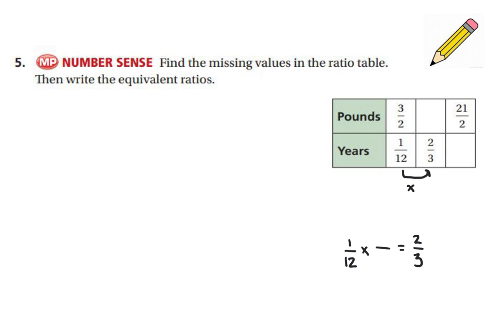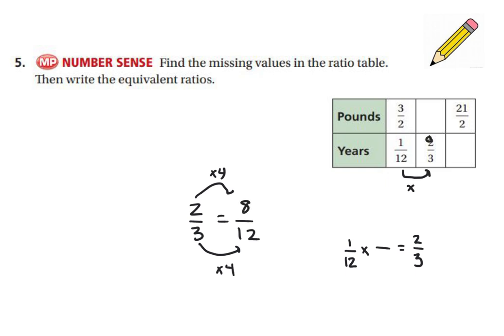So what I want to do is I want to turn 2/3 into a fraction that's equivalent and has a denominator of 12. 3 times 4 is 12. 2 times 4 is 8.